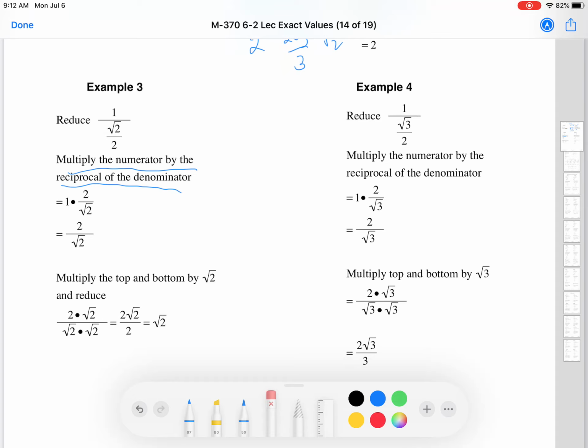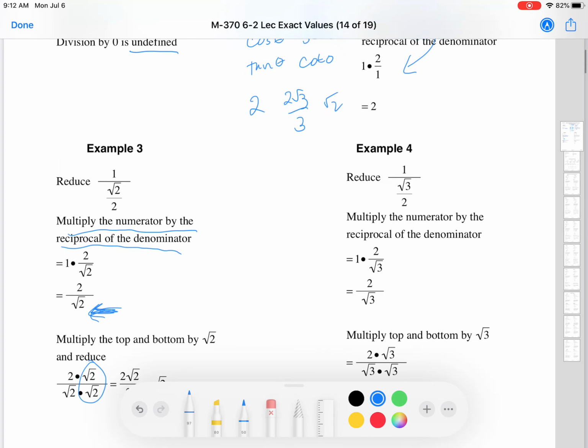Probably intermediate algebra. That first time you looked at it, you cannot have a square root in the bottom. So we rationalize it, like you remember, by multiplying by root 2 over root 2 on top and bottom, and we just end up getting root 2 out.